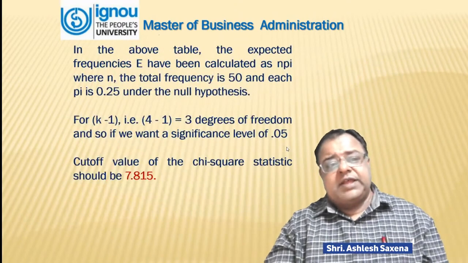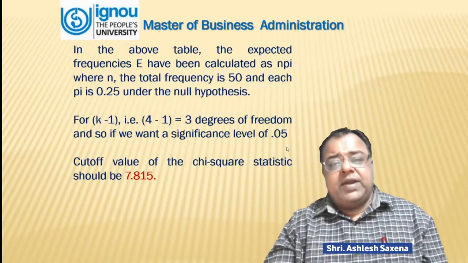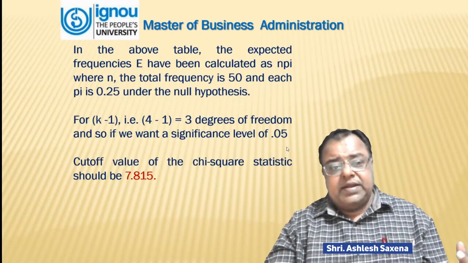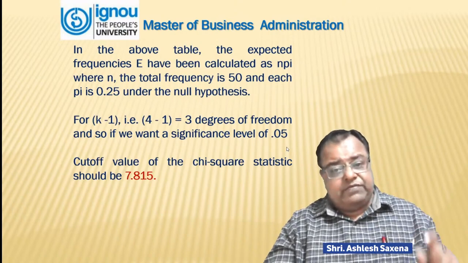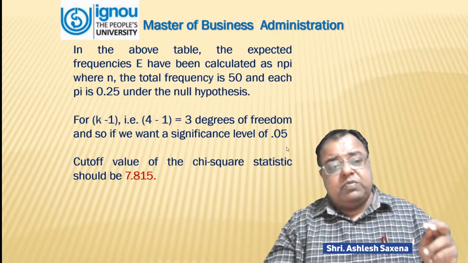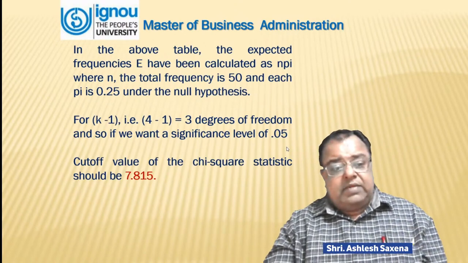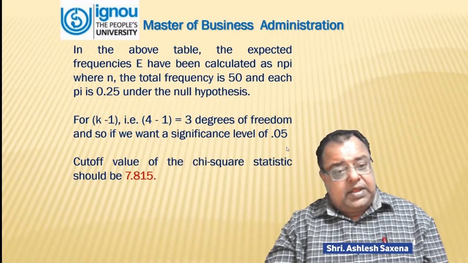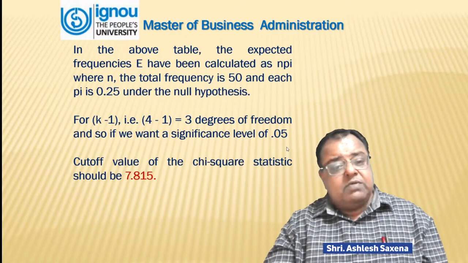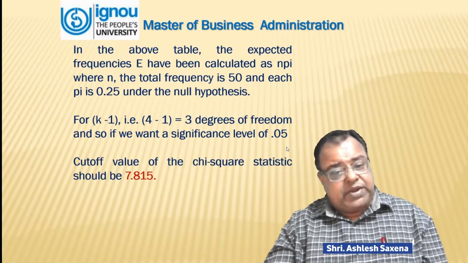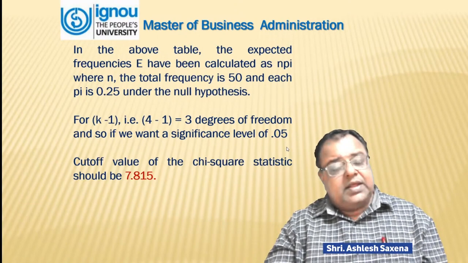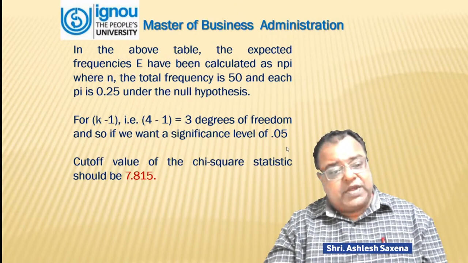In the above table, the expected frequency E can be calculated as N Pi, where N, the total frequency, is 50, and each Pi is 0.25 under the null hypothesis. And we have K equal to 4, that means degree of freedom will be 3, and the significance level is 0.05.